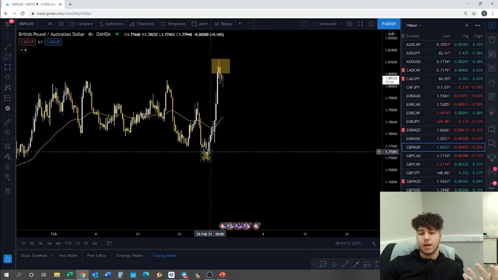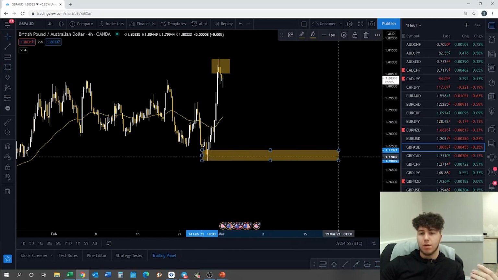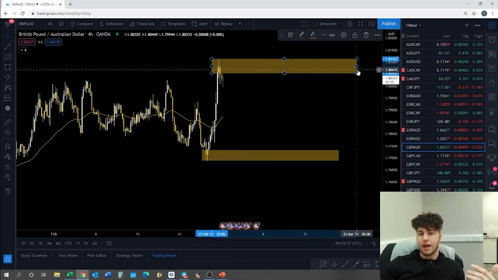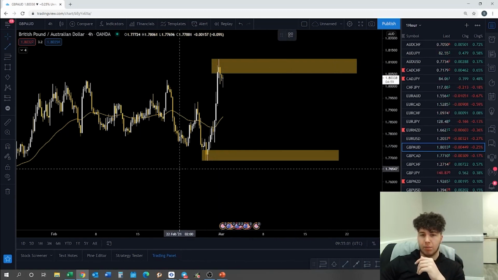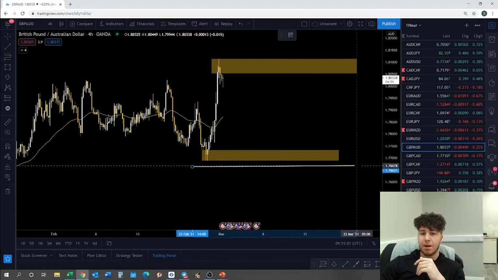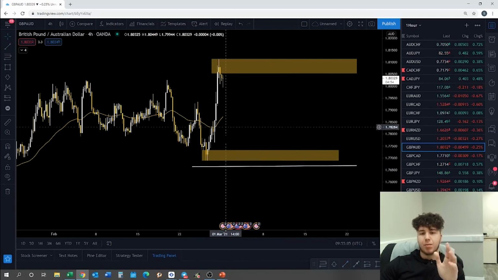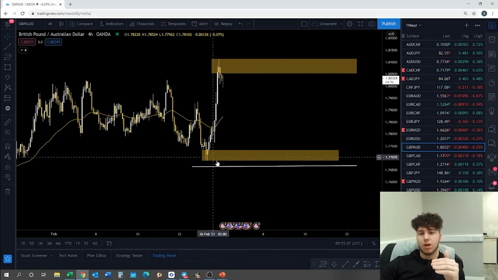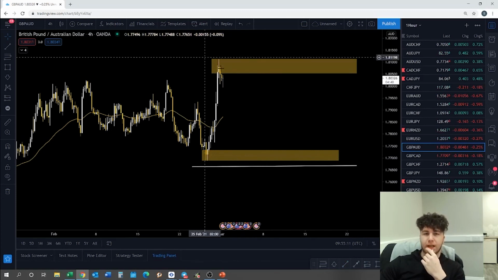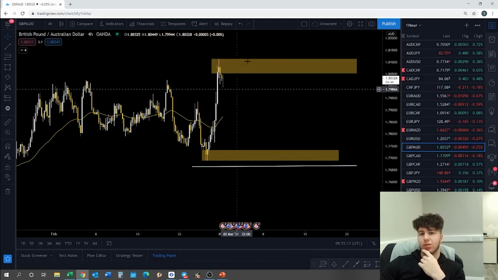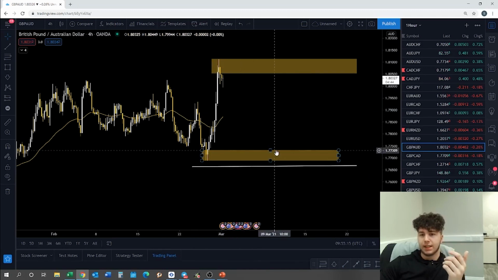So for me, if I'm trading this structure, my two zones of interest are here and here. As long as price stays above this level here, I am buy bias. The minute price breaks through this low, that is when I am going to change my bias. But because this higher high was made here, I'm looking for some form of retest.